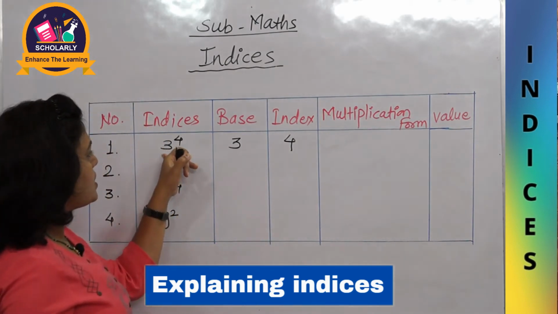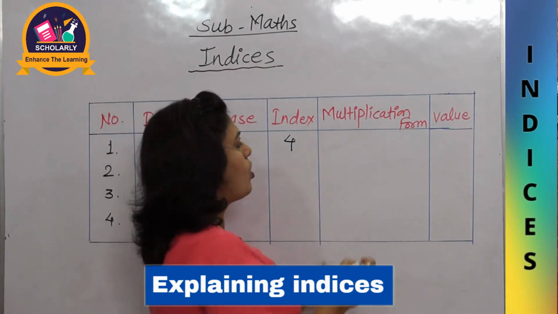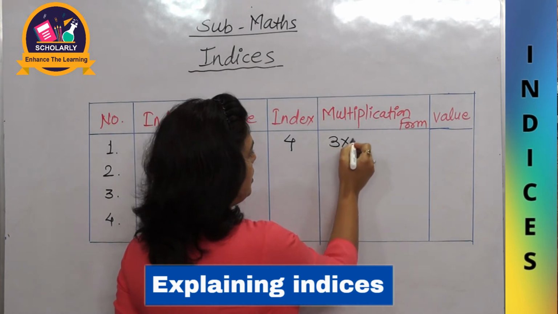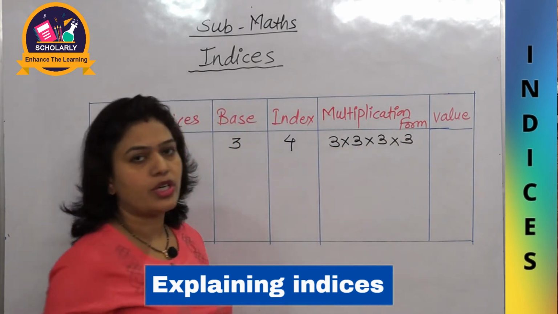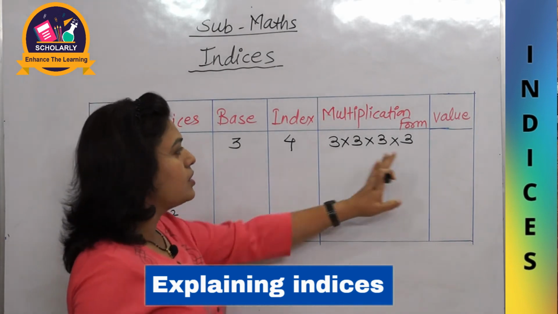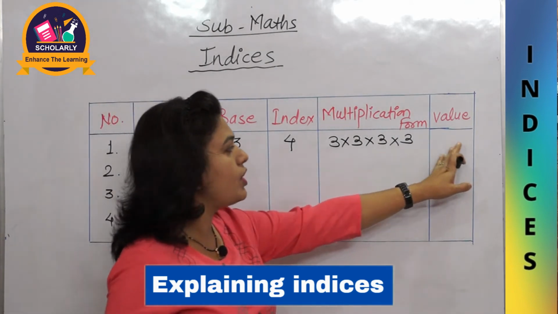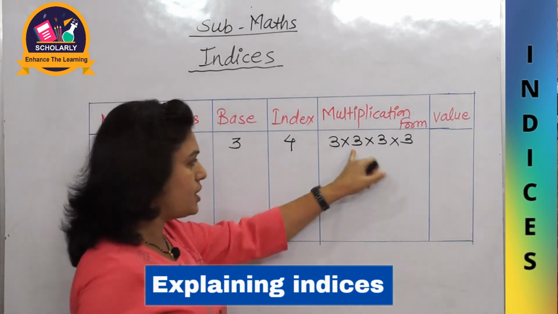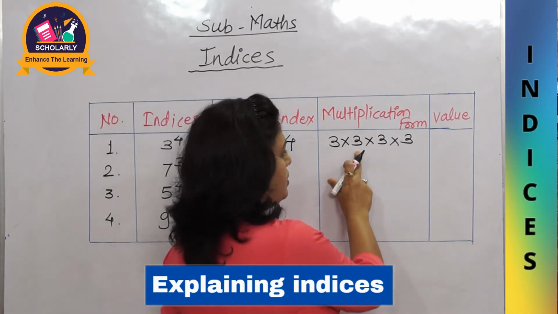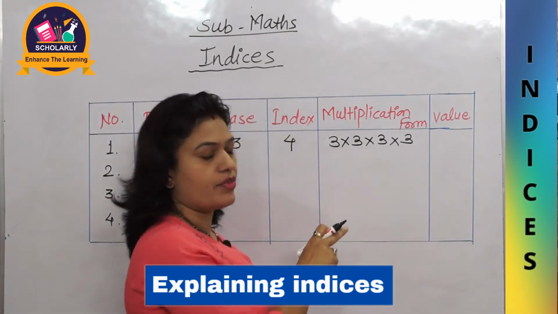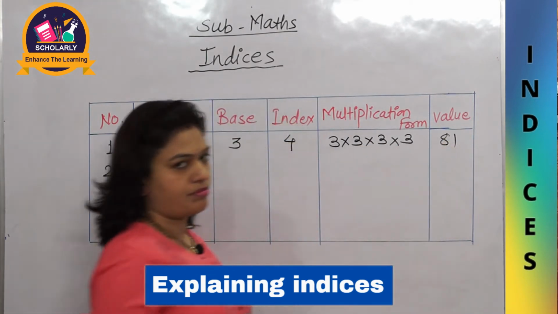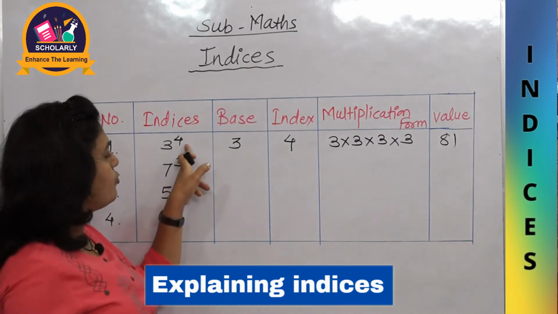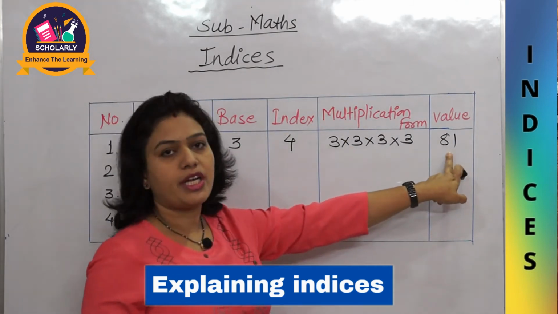We can write this number in multiplication form as 3 into 3 into 3 into 3, that is 4 times 3, and the value of this product is 3 3s are 9, 9 3s are 27 and 27 3s are 81. So 3 raised to 4, the answer would be 81.